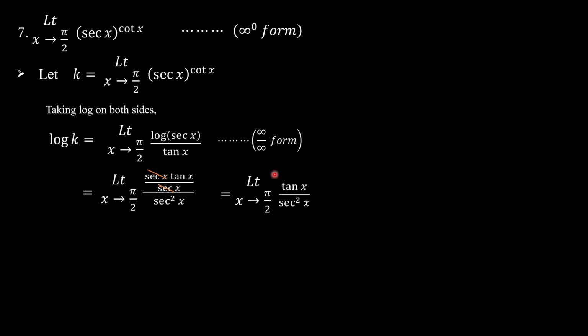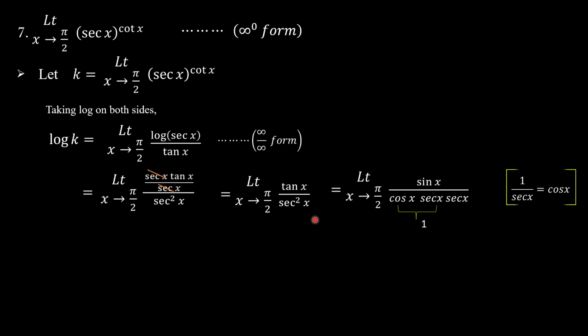If you apply the limits, again you will get infinity by infinity form. So to avoid the further differentiation, let me rewrite tan x as sin x by cos x and secant square x as secant x into secant x. But cos x into secant x is 1 and 1 by secant x is cos x. Therefore, log k becomes limit x tending to pi by 2 sin x into cos x.